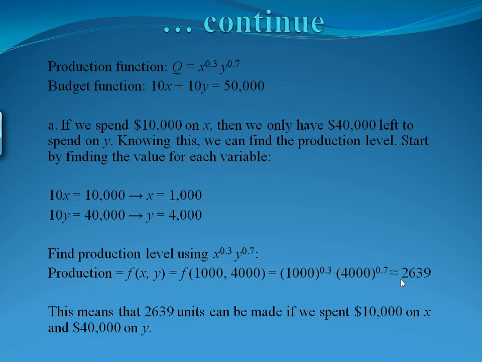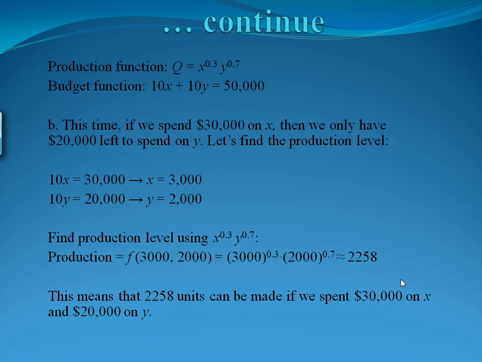For part B, we now want to spend $30,000 on material X, and that means we'll have $20,000 left to spend on material Y. So again, let's start by finding our production level for each one. If we spend $30,000 on material X, that means we're going to purchase 3,000 units of it. If we spend $20,000 on Y, again, we're just dividing by this 10Y.